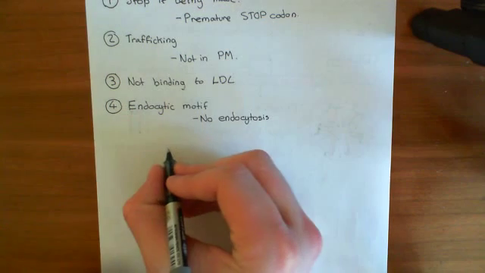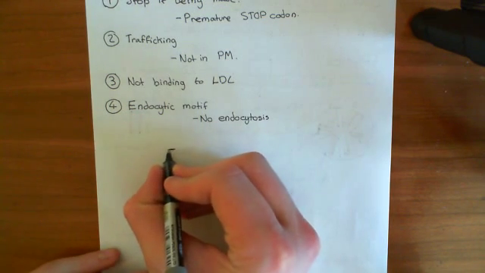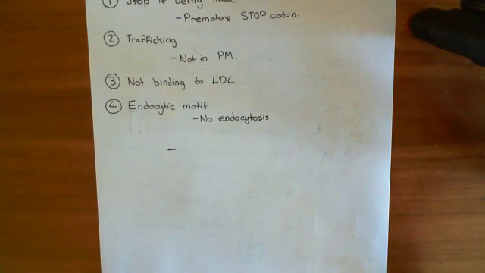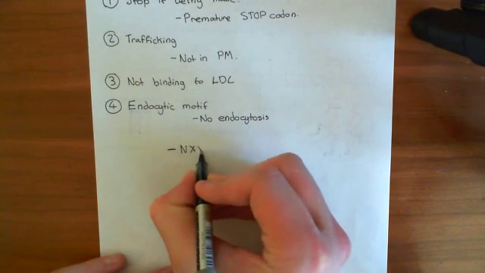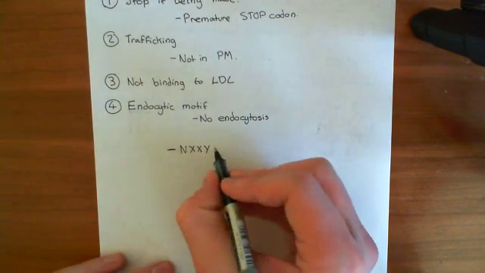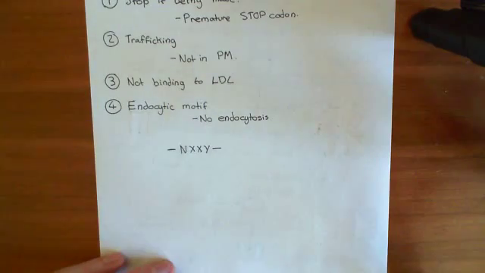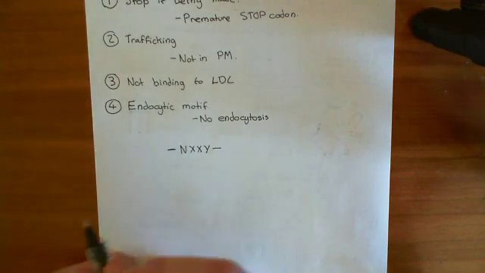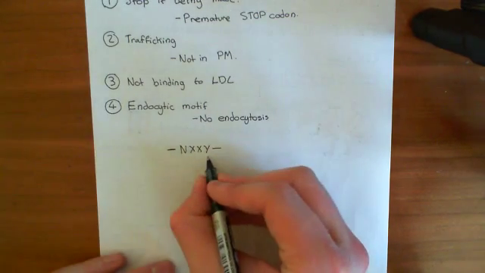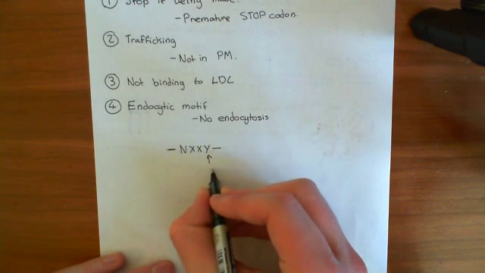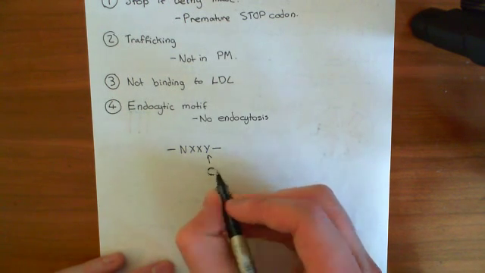Specifically, the endocytic motif that you find in the cytoplasmic domain of the LDL receptor was this NXXY motif. And they found that one of the mutations that happens in familial hypercholesterolemia that leads to no endocytosis was that you replaced this tyrosine with a cysteine instead.